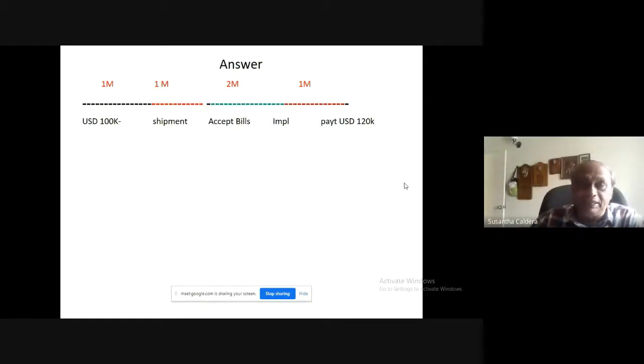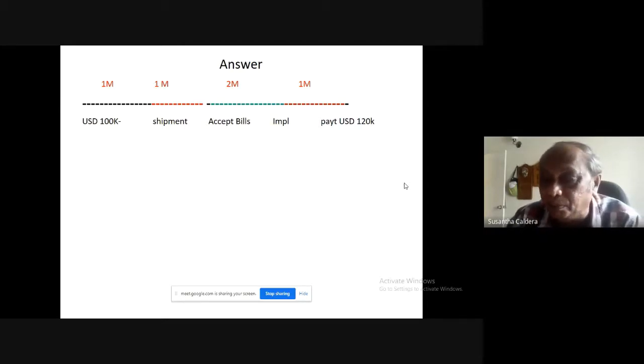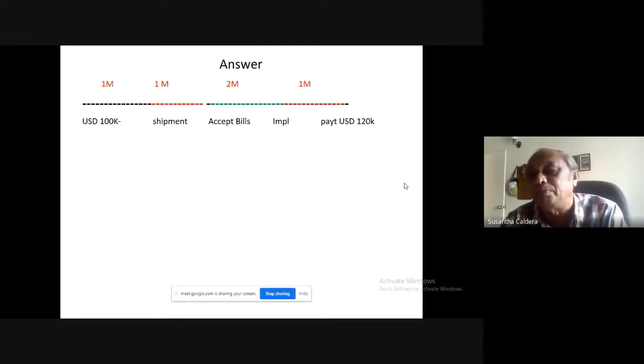From the shipment date, it will take another one month to receive the goods. The moment we receive the goods, on what terms are they received? 90 days from the shipment date. It is a usance LC, 90 days from the shipment date.